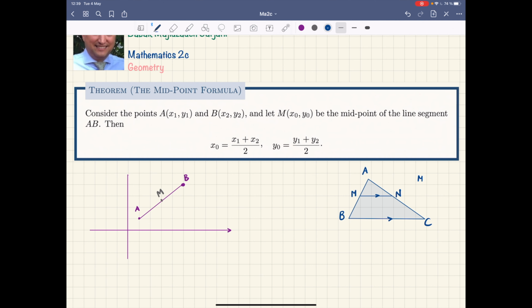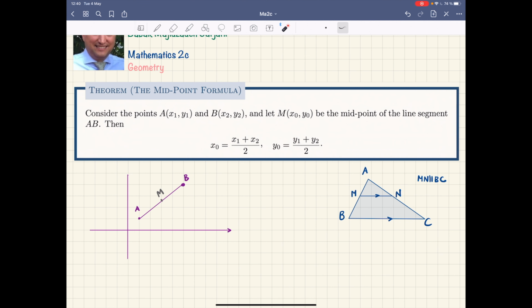I know that, okay? So then you remember that we can write something like this. We can write the ratio of AM to AB is equal to the ratio of AN to AC, and it is equal to the ratio of MN over BC.